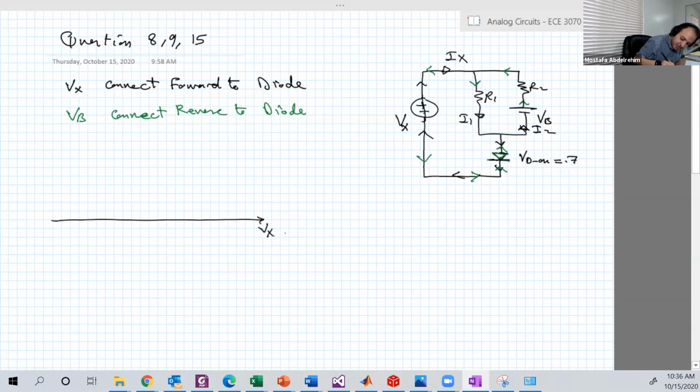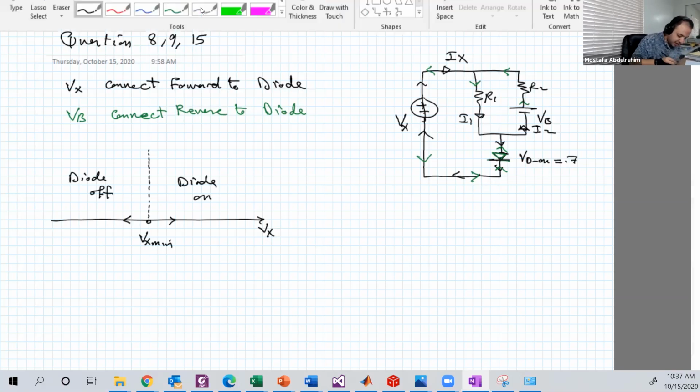If this is Vx, for example, and here is Vx minimum, beyond that point the diode is on, and below this point, less than Vx minimum, the diode is off.